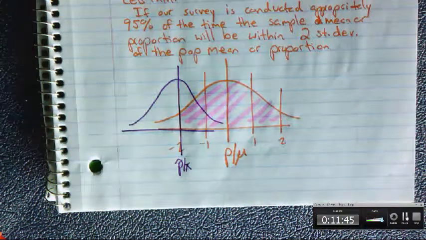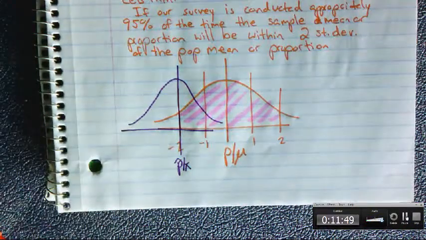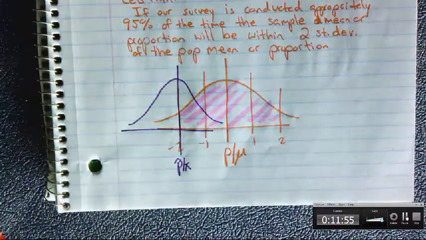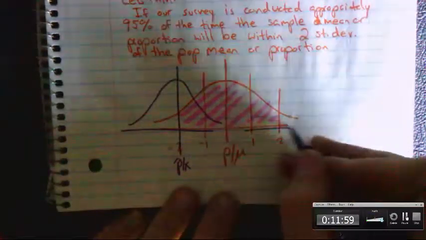This is the absolute worst case scenario, being 2 below. Or the worst thing that could happen is that our sample could be at the very extreme, which is also 2 above.